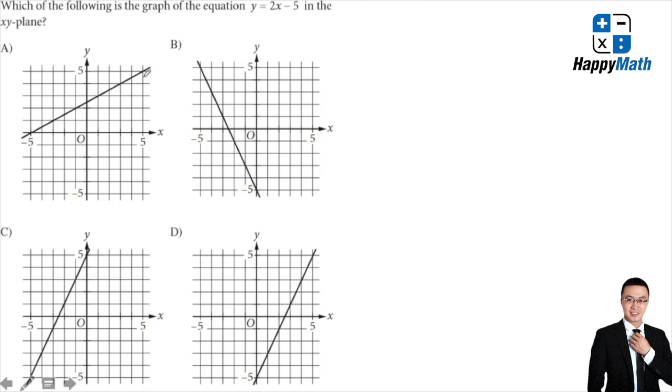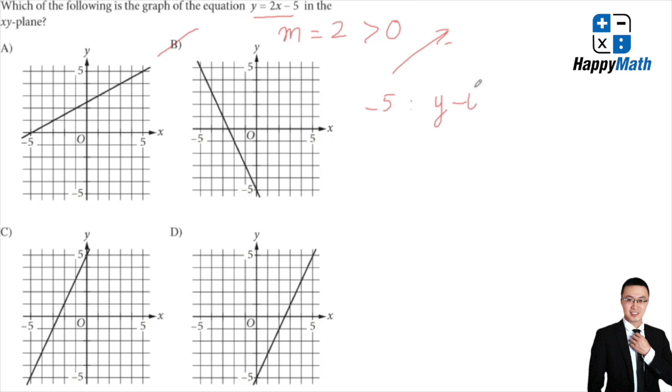Question 5. Which of the following is the graph of the equation? First, I will focus on the gradient of this line, which is 2, greater than 0. So here is an increasing line. B is a decreasing line, so I cancel it. And the second one, I focus on the number for C, which is minus 5.